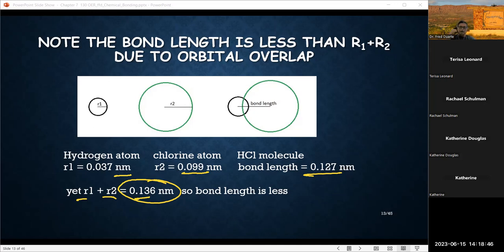Well, what's happening is there's an area right in here where some of the hydrogen's contribution and some of the chlorine's contribution get together and share that area. They actually make a mesh, if you will, because they're sharing that electron. And their total bond length is much less than the sum of each individual atomic radius. Okay.